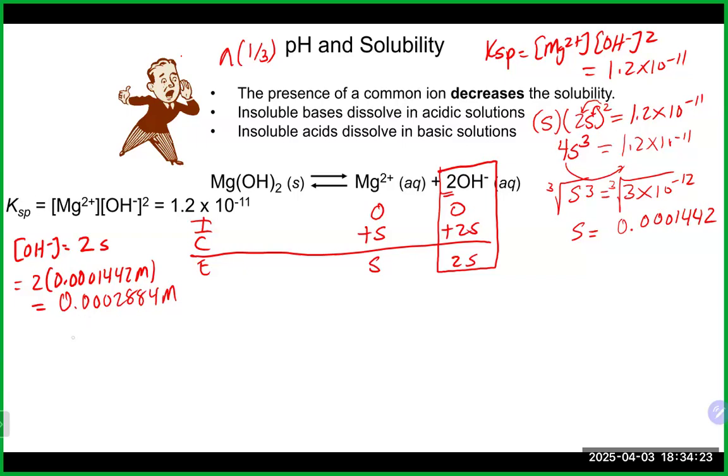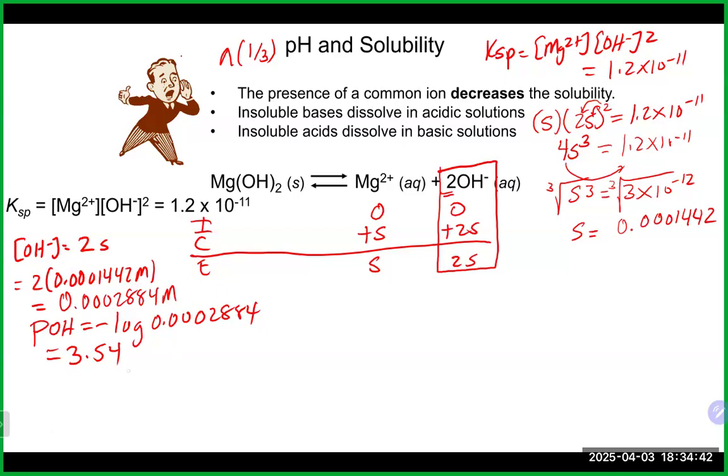Now, why on earth would I want the hydroxide concentration? If I have the hydroxide concentration, I could calculate the pOH, which would be minus the log of that number. And that would get me a pOH here of, we'll call it, 3.54.